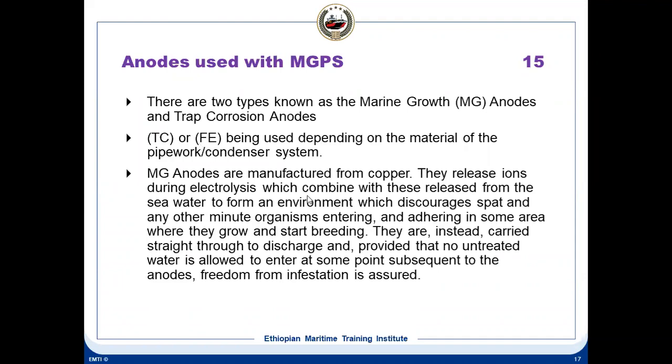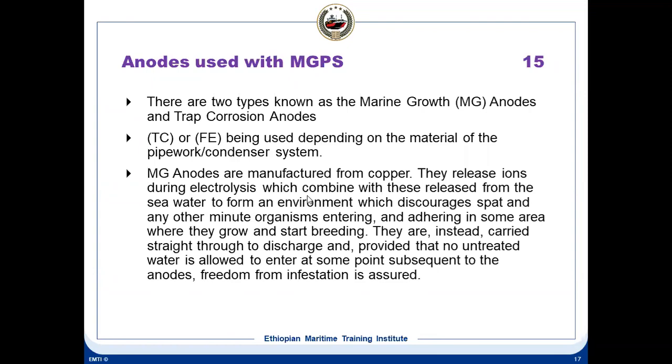MG anodes are manufactured from copper. They release ions during electrolysis. When you impress a current across these anodes, they decompose and start releasing ions.